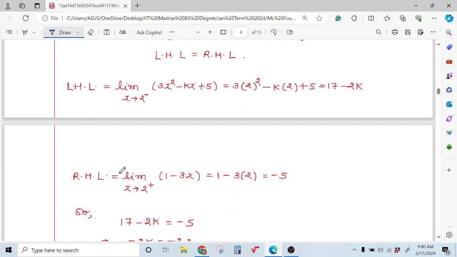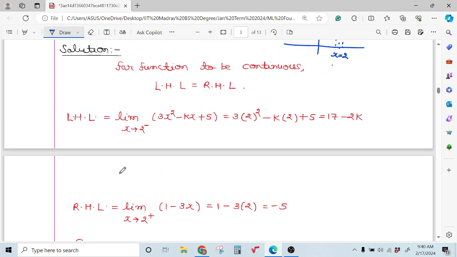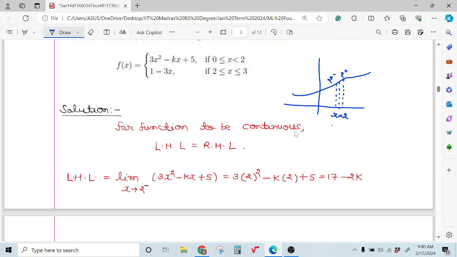Similarly, for the right hand limit, we will substitute into the function at 2 plus. What is the function at 2 plus? If the x value is greater than 2, then the function is 1 minus 3x.